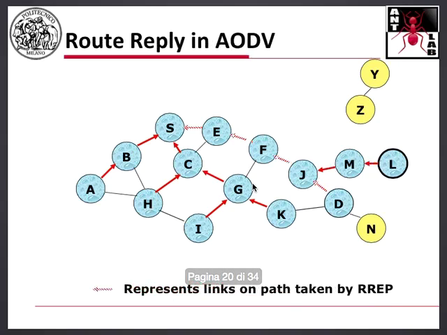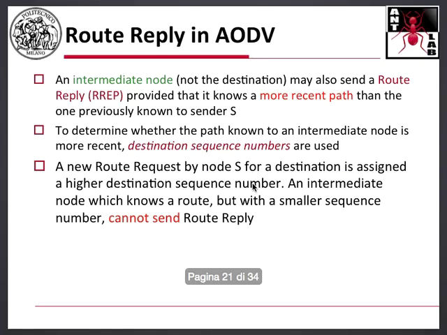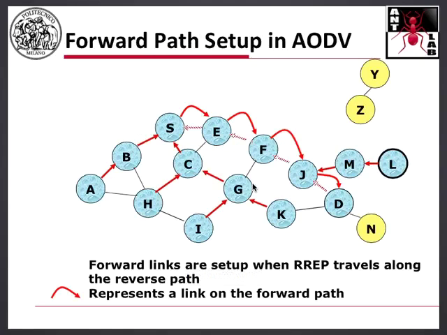And then once the route request has reached D, and once this reverse path is set, D can now reply to the route request by issuing a unicast route reply, which follows the reverse path.